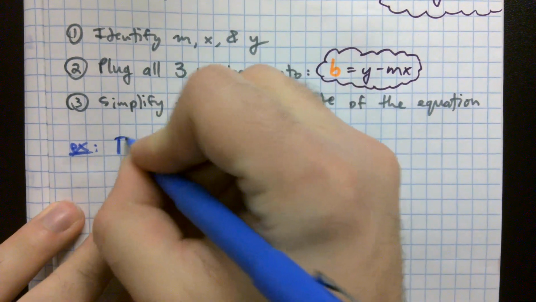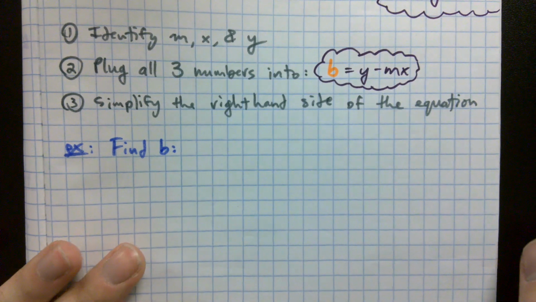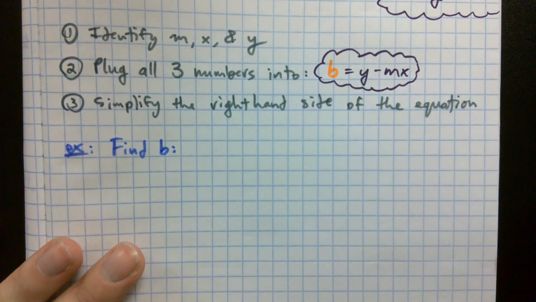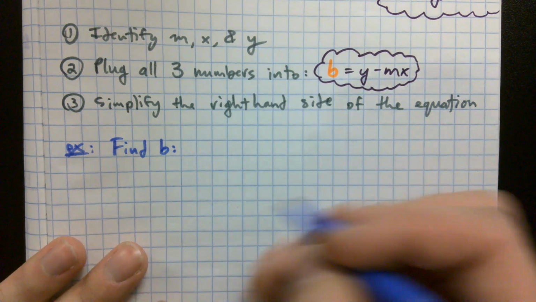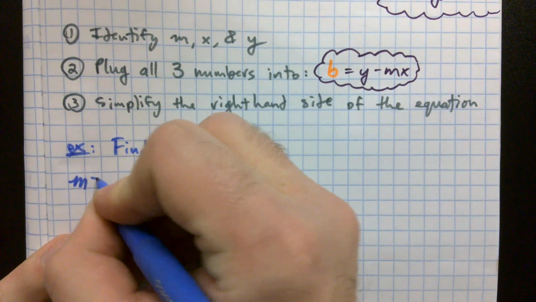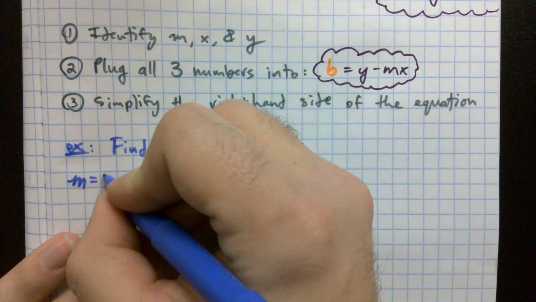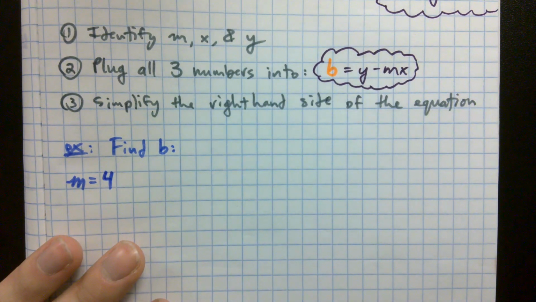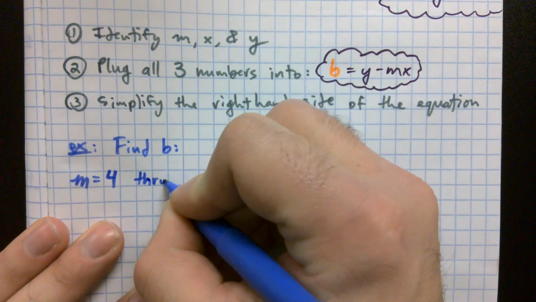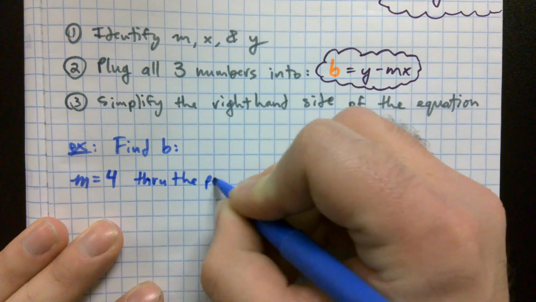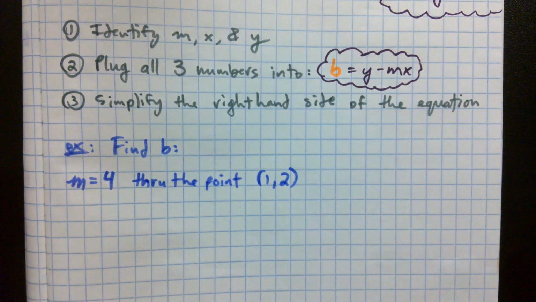So, again, our goal is to find B. The information that we're going to get is that M is equal to 4. And this line is going through the point 1, 2.